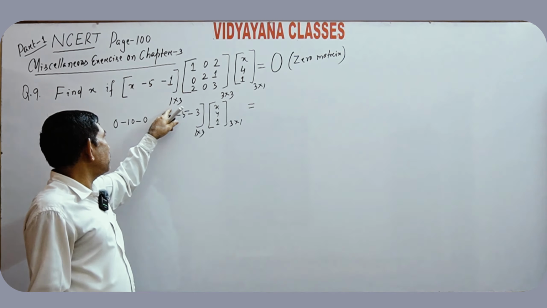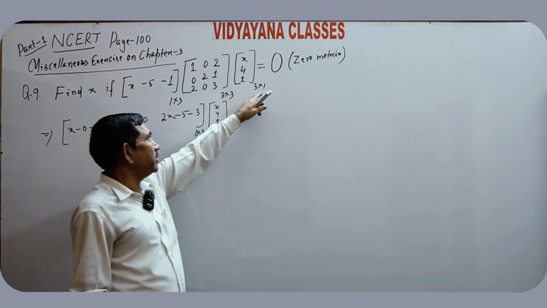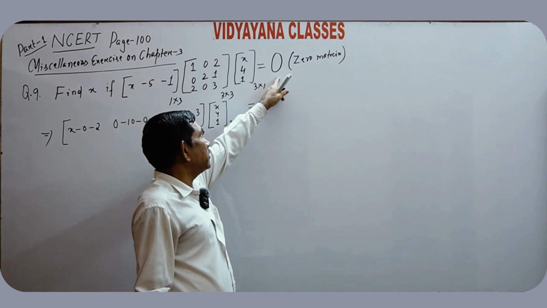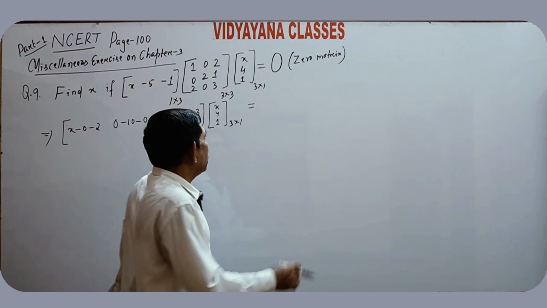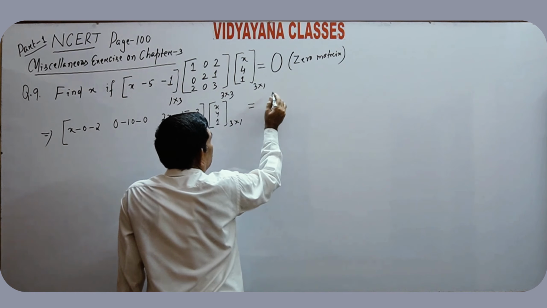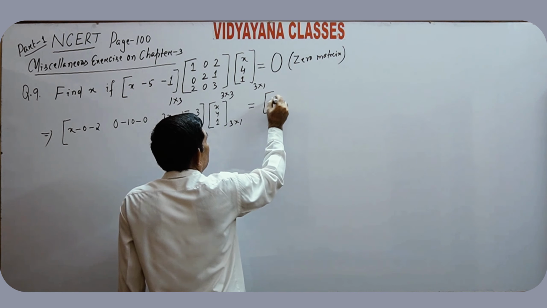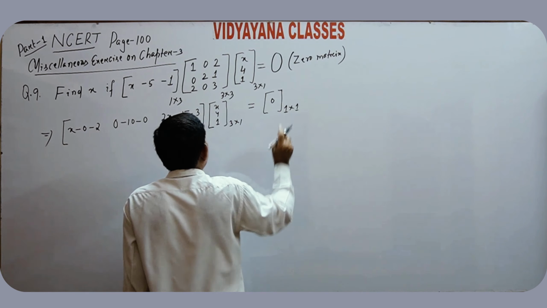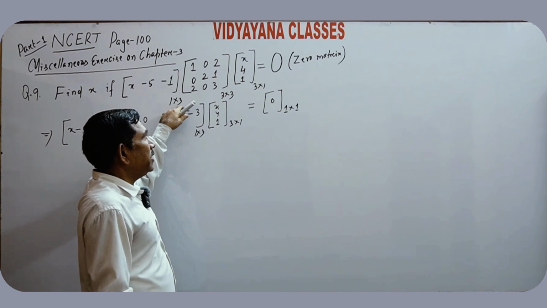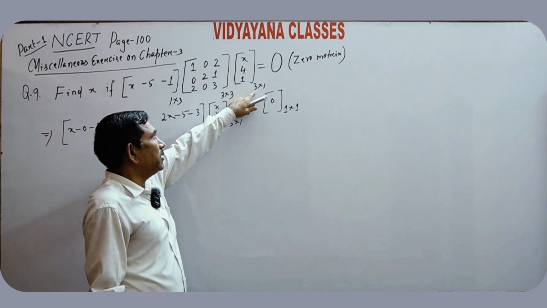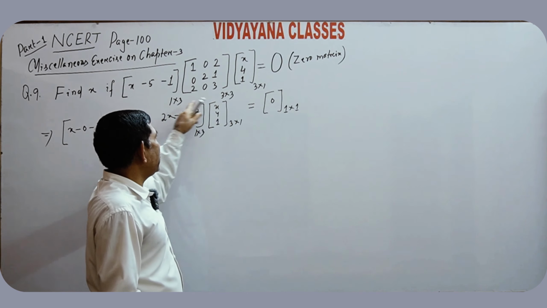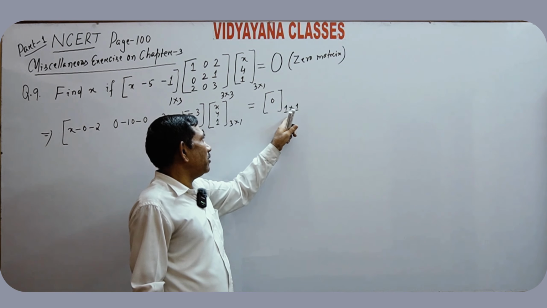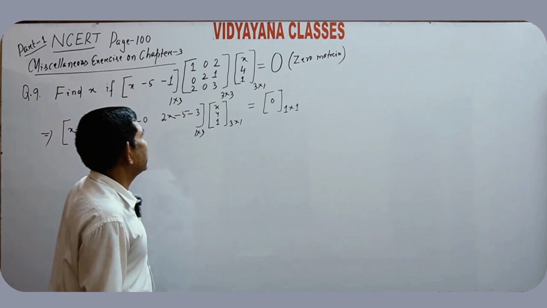It starts from 1 and ends in 1. So the 0 matrix will be of order 1 cross 1.